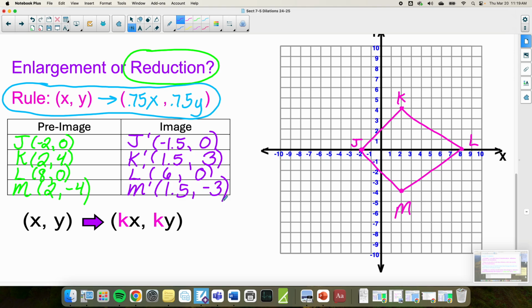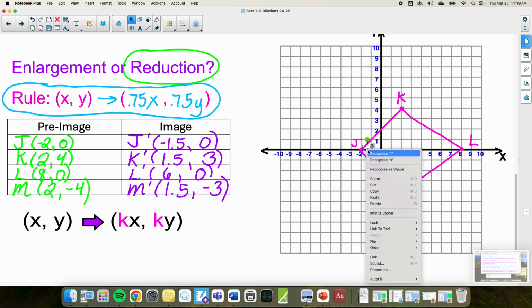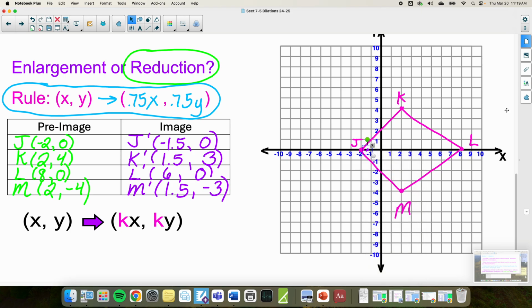Then I'm going to come to my graph, and I have to graph those 4 points. And again, if you were doing 2 colors, this would be where you do your second color. So J prime would be -1.5, 0. So really, this isn't going to look much smaller, because 0.75 is not a huge reduction. And that I would label J prime.